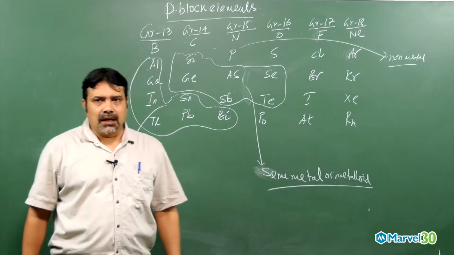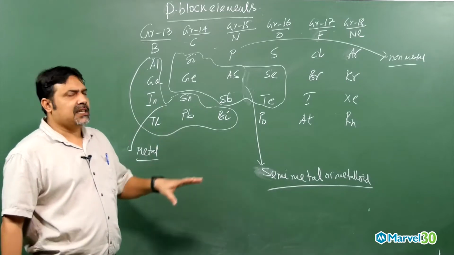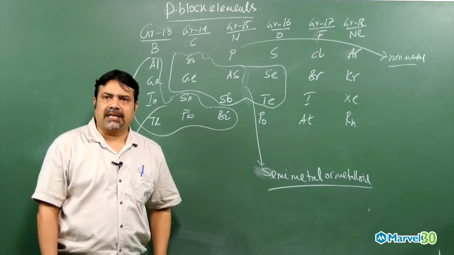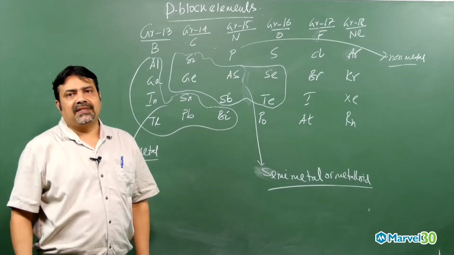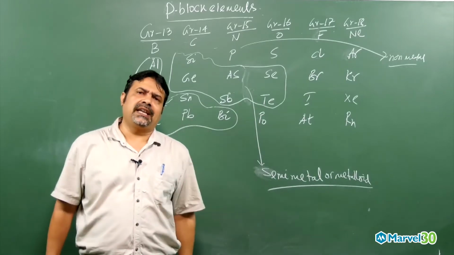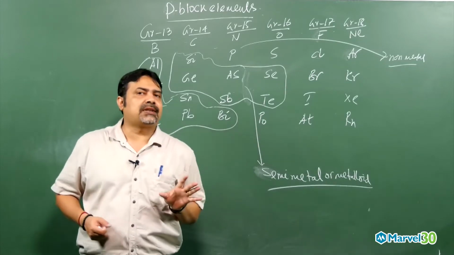Because of the d-d transition, that element is called a transition element, not because it is in between s and p. Now in the p-block there is a mixture of elements: metals, non-metals and semi-metals or metalloids. They differ in core electronic structure, which is why this difference arises. Moreover, a lot of exceptional cases arise in the p-block because of different core electronic structures.